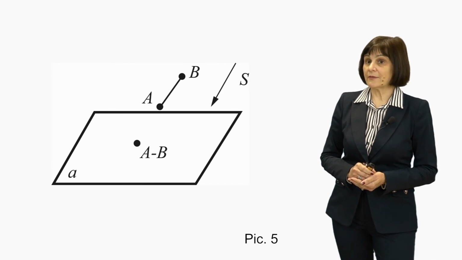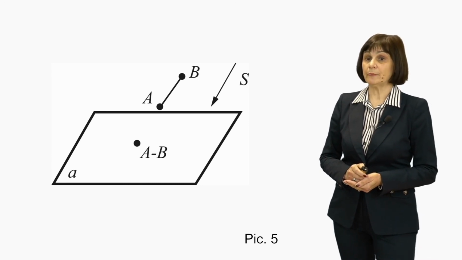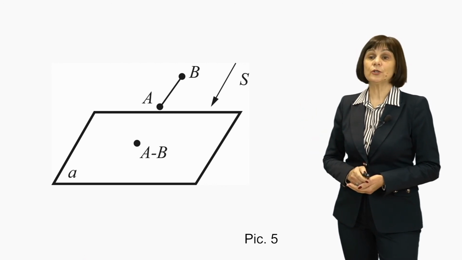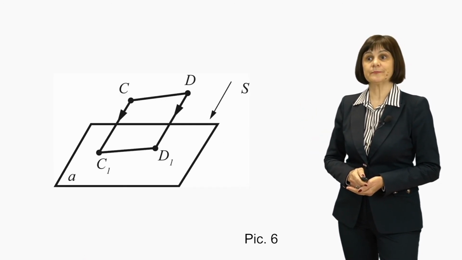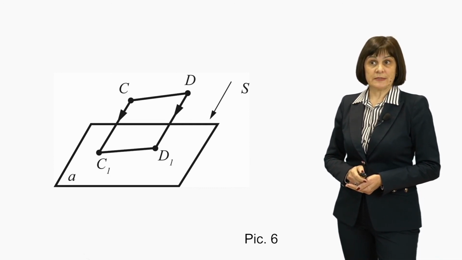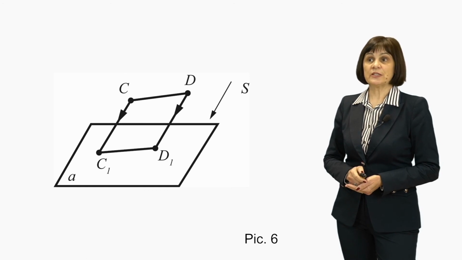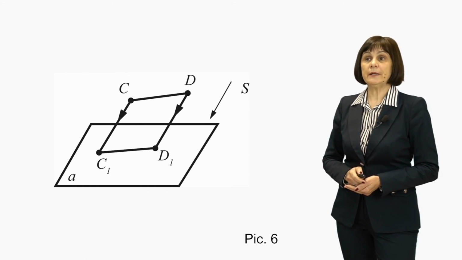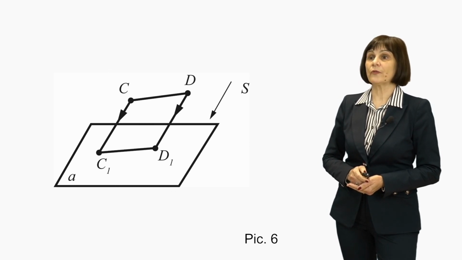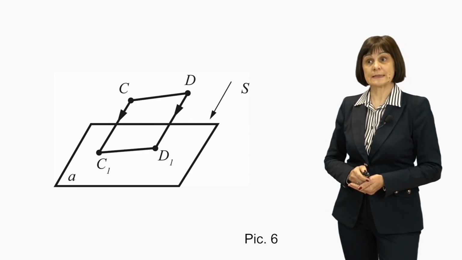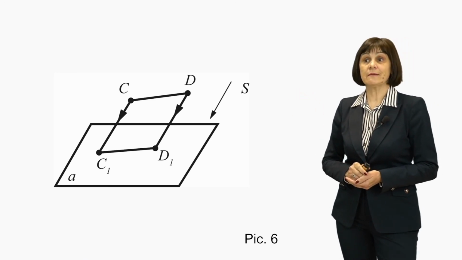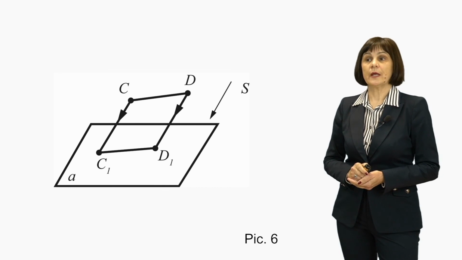And it means that on the projection plane, denoted with letter A, we get only a point. And our last property, a straight line segment parallel to the projection plane is projected on this plane in full size. On this drawing, you can see this example.